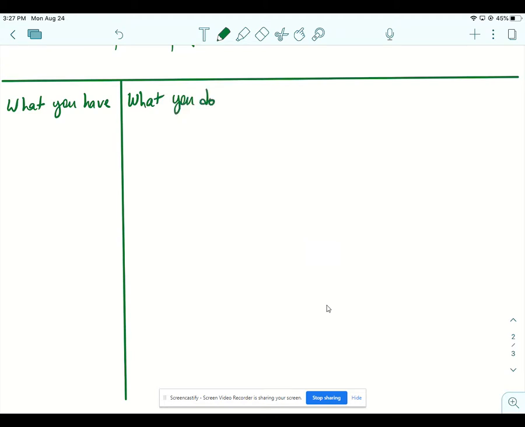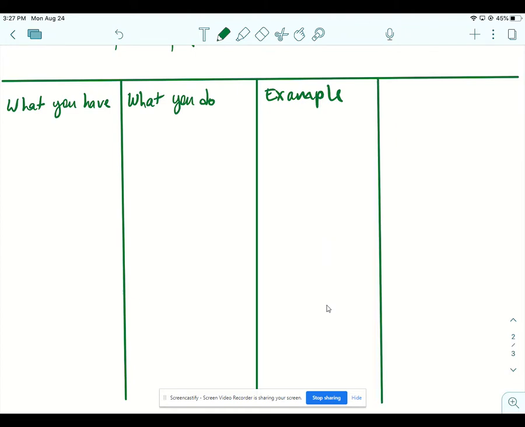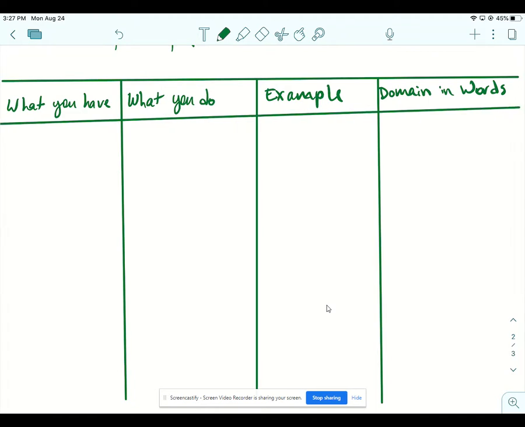This should be kind of in the middle of your paper since there are 4 columns. The next one is going to be "example." And the last one is going to be "the domain in words." The challenge exam, like I've told you several times, is multiple choice. It's possible that the choice may be the domain in words, so you'll have to be able to represent it that way as well.